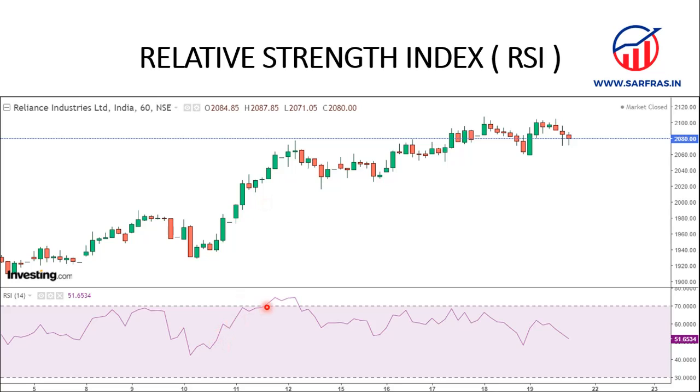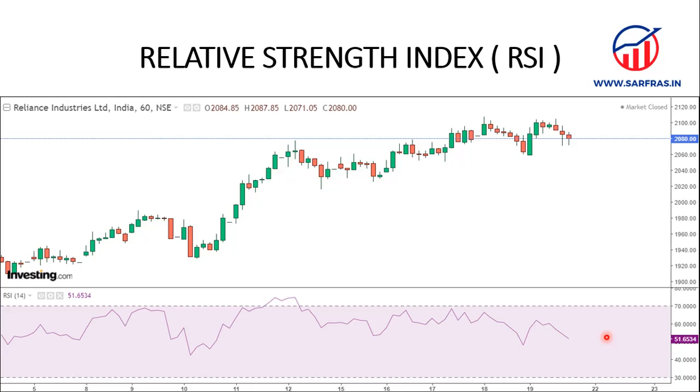When the RSI is moving up, the stock price is also moving up. When the RSI is moving down, the stock price is moving down. It will be in sync with the stock price. That is why it is a leading indicator.